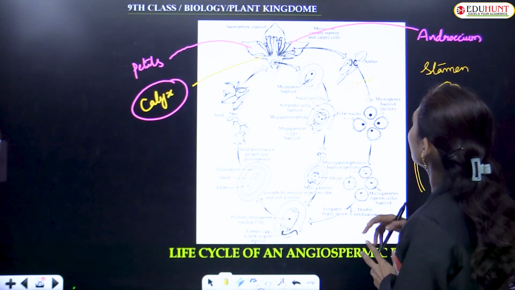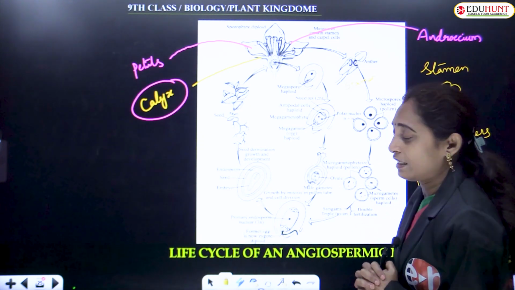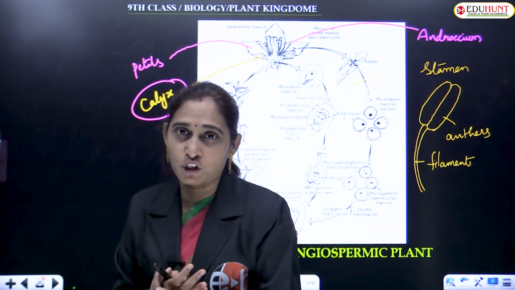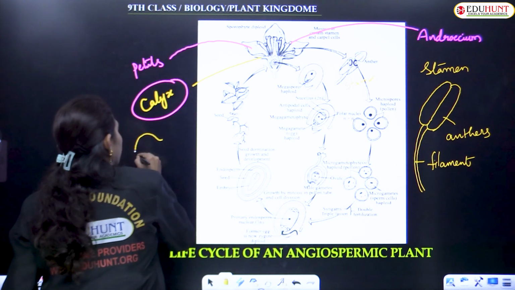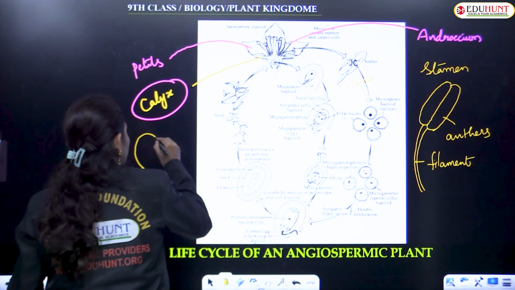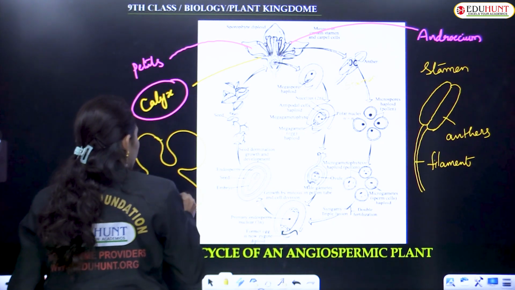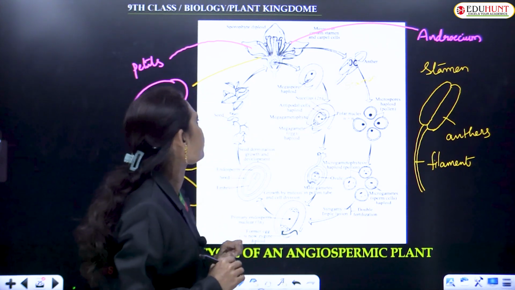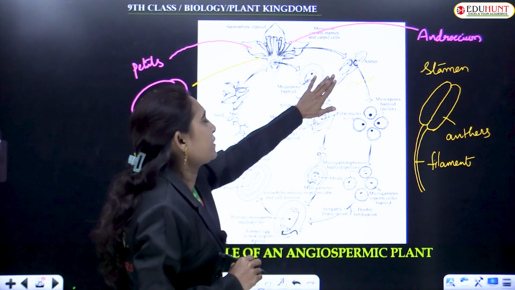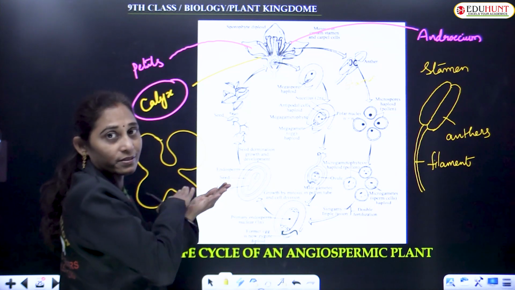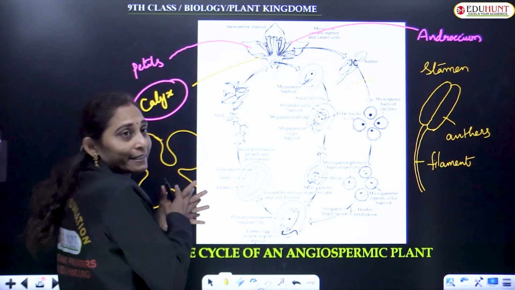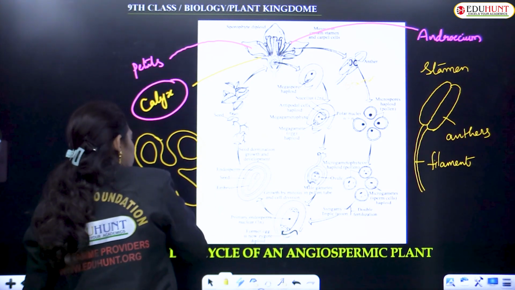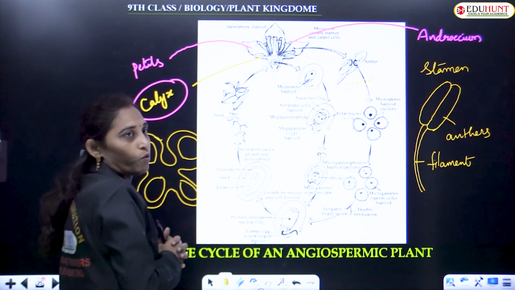And this anther, you can see a butterfly-like structure. If we take the transverse section of a mature anther, roughly the outline looks like this. Yes, like that. In that anther, there is sporogenous tissue.